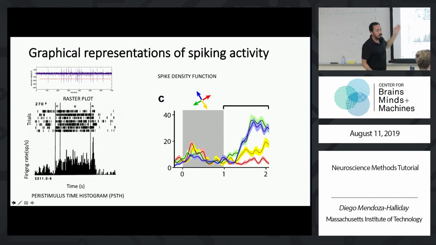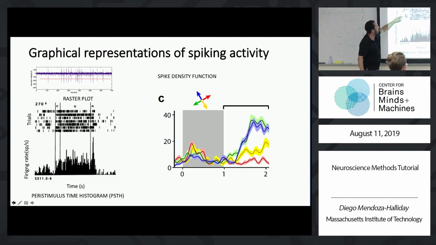The simplest representation is a raster plot, in which you put a little bar at the timestamp of each spike, and you can align them to the onset of the many trials in your task. Typically you have an experiment where one particular task is repeated multiple times in multiple trials, and you align all of the rasters to the onset of the trials.